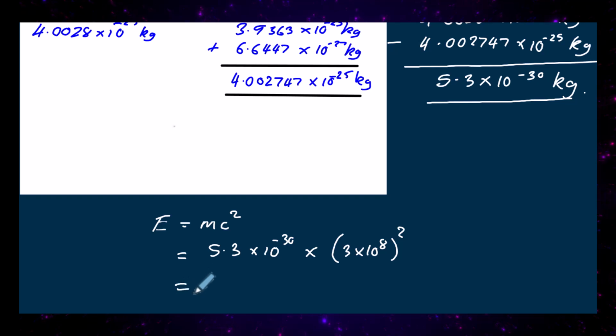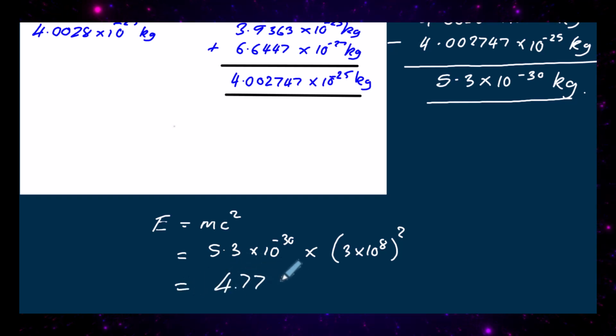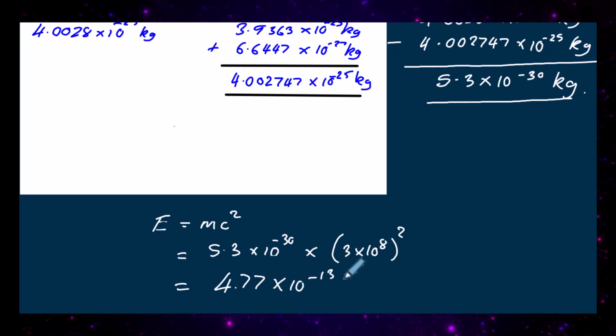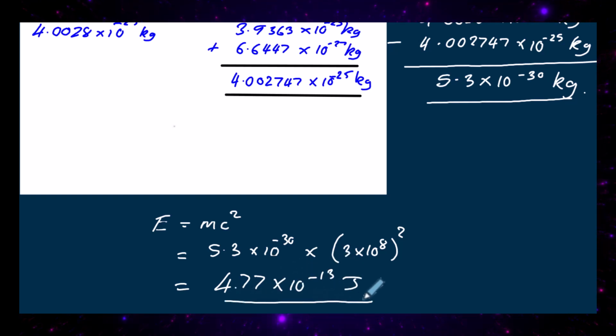And if we do that in a calculator, we end up with a value of 4.77 times 10 to the minus 13 joules. Remember, energy is measured in joules. So the mass which has gone missing in that reaction has been converted into 4.77 times 10 to the minus 13 joules.